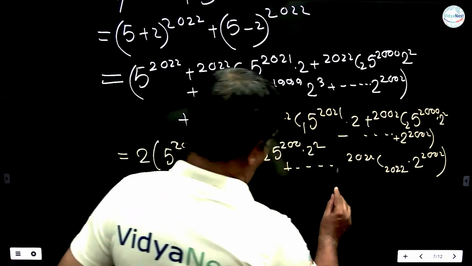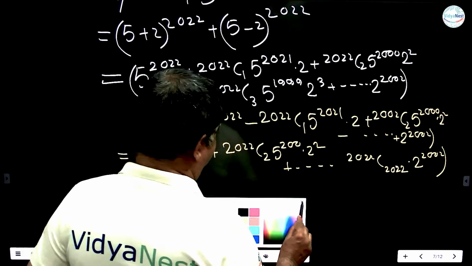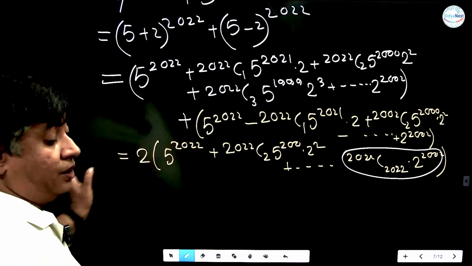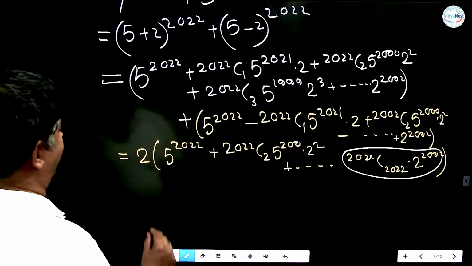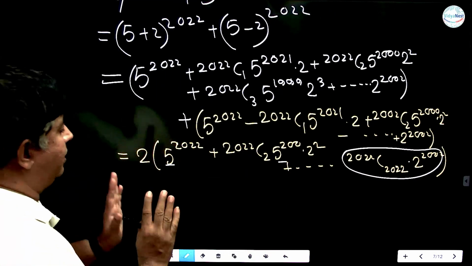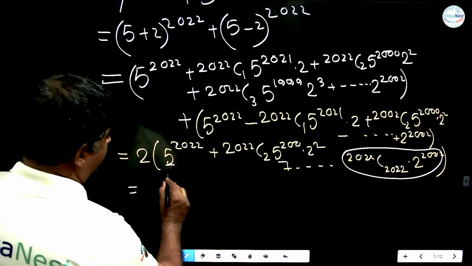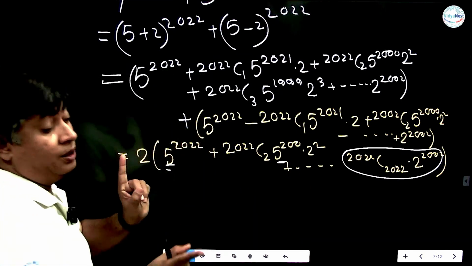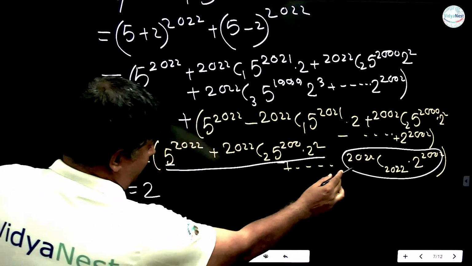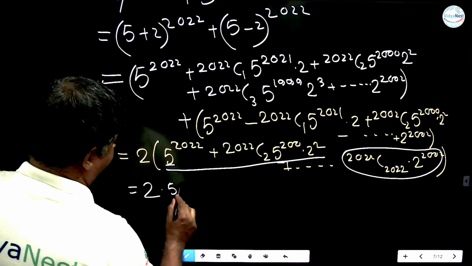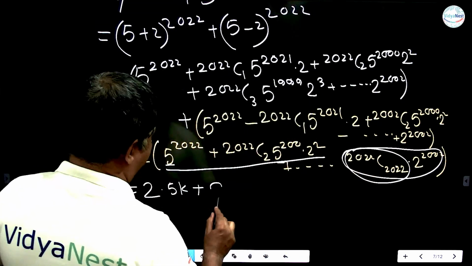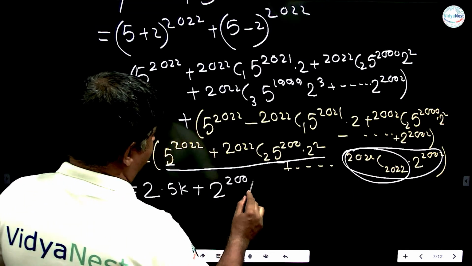So barring the last term, the other terms will be divisible by 5, because all terms are somehow generated by 5. So for the terms in which 5 exists, I can take 2 into this part, apart from the last, 5k plus 2 to the power 2002.